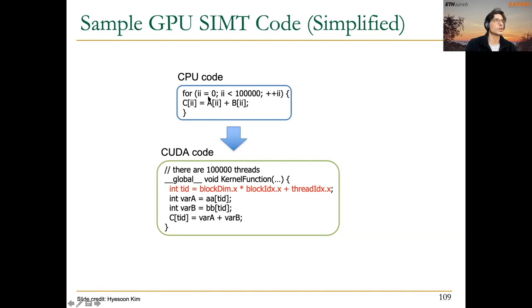Instead of having a for loop that goes through all the elements of all the arrays, here we generate an ID that relates to the block ID and the thread ID, and this way every thread that executes on the GPU can address the corresponding elements of the input and output arrays.